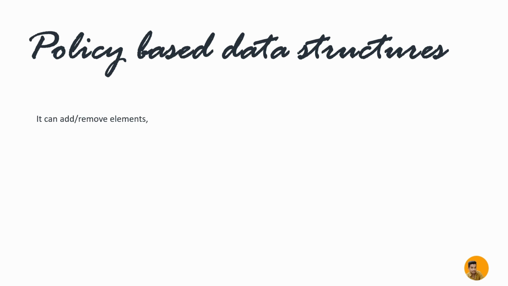We can remove and add elements, and find the number of elements less than x. These are some frequently used operations or use cases of these policy based data structures.